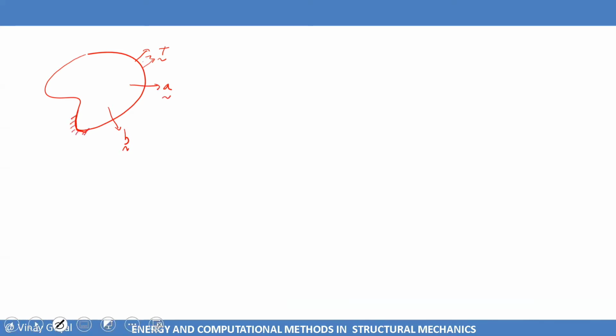Those boundary conditions are specified on portion S1, and I have this traction specified on portion S2, which is really the rest of this boundary. The surface is made up of S1 and S2, and S1 and S2 do not coincide, so the intersection is null.